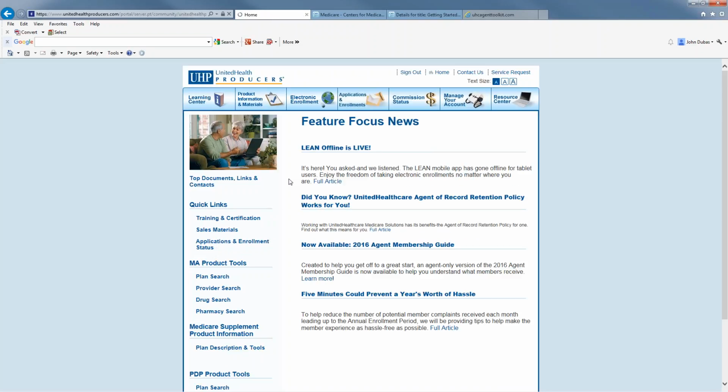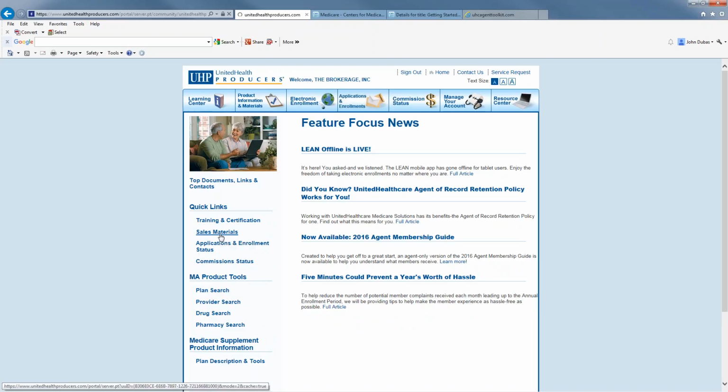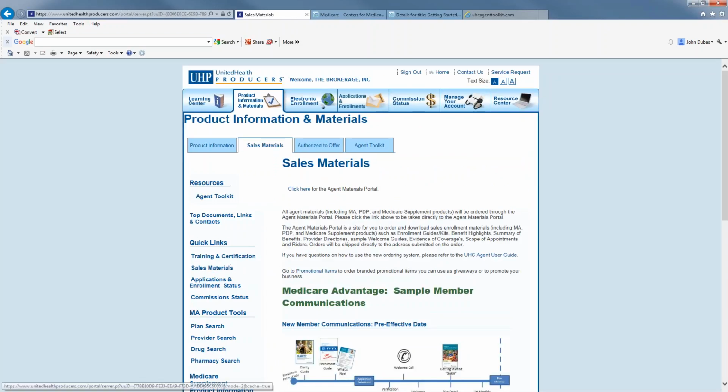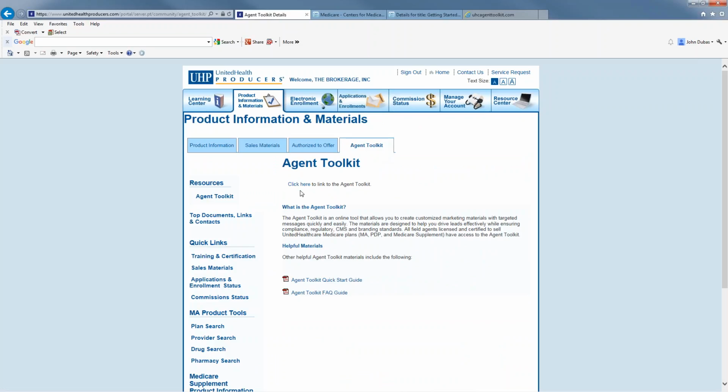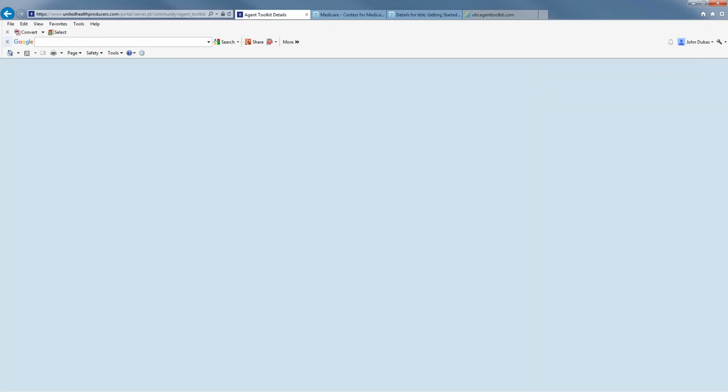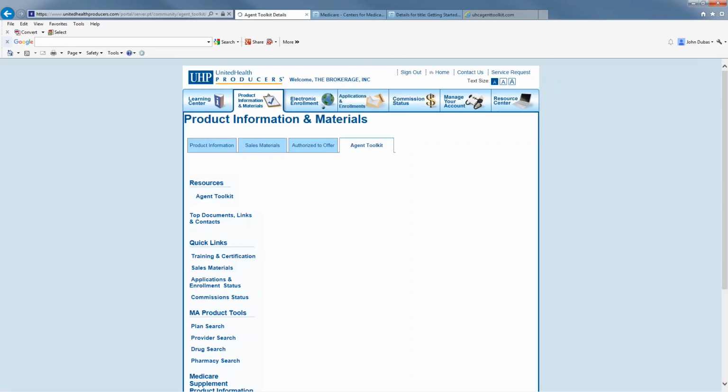Go to the sales material category. Go to the agent toolkit either here or here. Access that. It's going to pop up in another window, so make sure you have your pop-up blocker off.